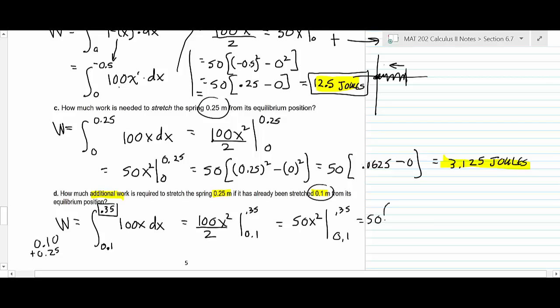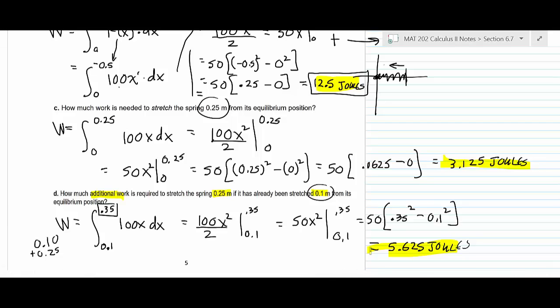So that's going to be 50 times 0.35 squared minus 0.1 squared. You can do that all on the calculator. What I'm getting is 5.625 joules. So that's the idea. Does that make some sense?